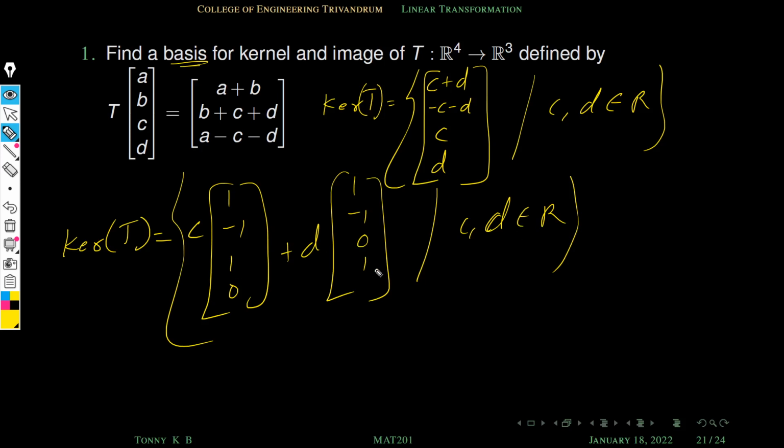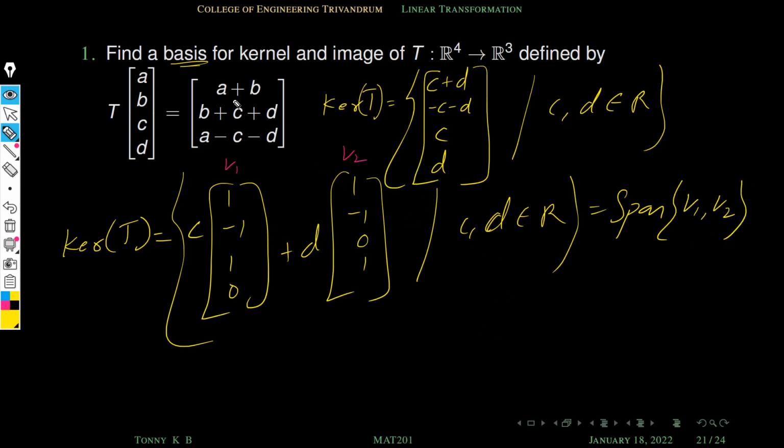Okay, now it is clear what the kernel is. This is the span, the set of all linear combinations of these 2 vectors. Let these be v1 and v2. So kernel of T is the span of these 2 vectors. Clear? So we can write it like this: span of v1, v2.